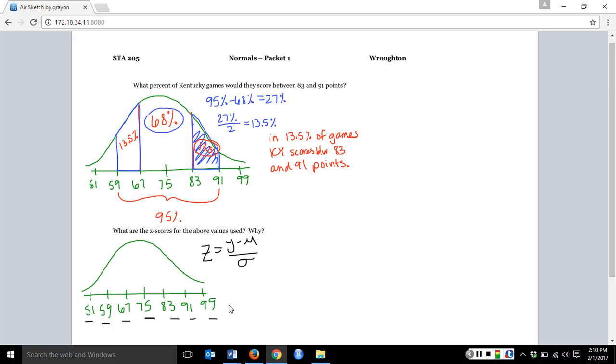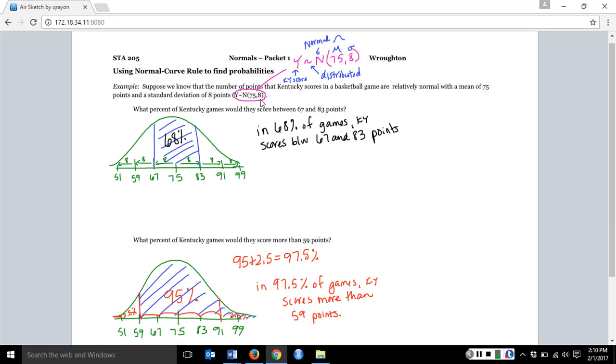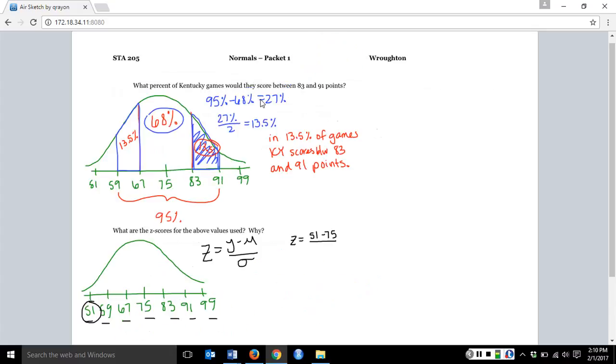Alright, so let's start with the 51. So we'll take 51 minus our mean of 75. And going back, if you don't remember, our standard deviation was 8. That was given to us there in the problem. So that's what we're going to divide by. What do we get? -3.